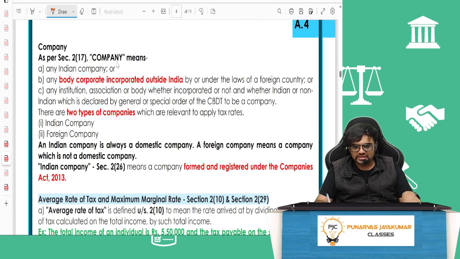Basically, as per Companies Act, Section 2 clause 20, company means a company registered under the Companies Act or the previous company law. This Section 2 clause 20 is as per the Companies Act, not as per the Income Tax Act.